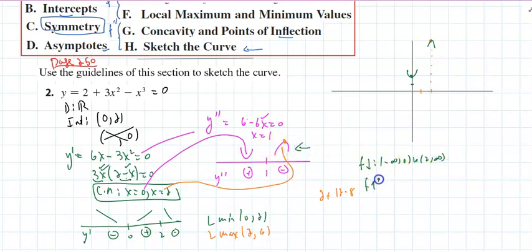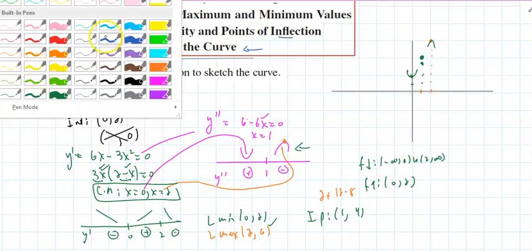And f is increasing from 0 to 2. And I already labeled the maximum and minimum. I know there's an inflection point at 1, and if I plug 1 in, what do I get? If I put a 1 in there, I'll get 2 plus 3, that's 5. 5 minus 1 is 4. So that's 1, 2, 3, 4. That's an inflection point. Well, let's see.